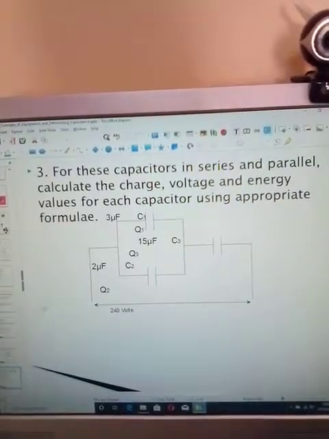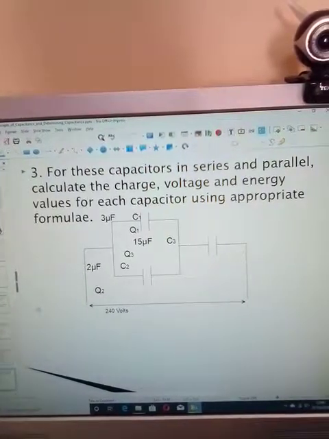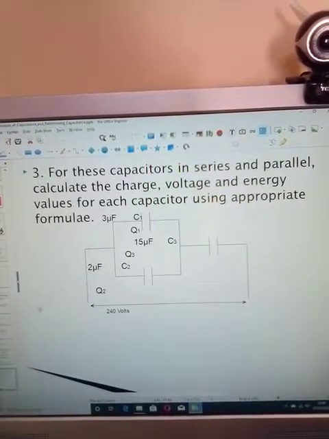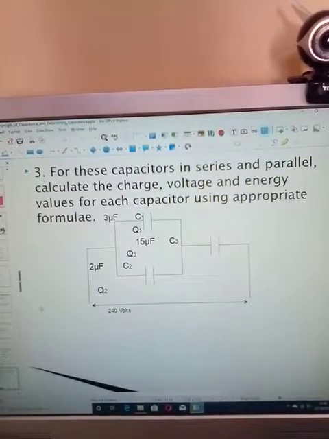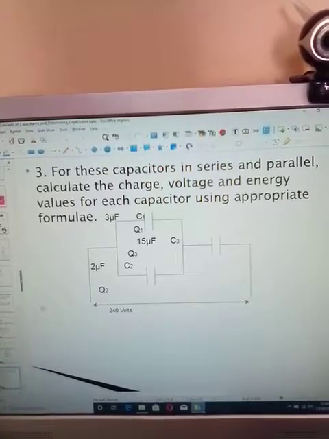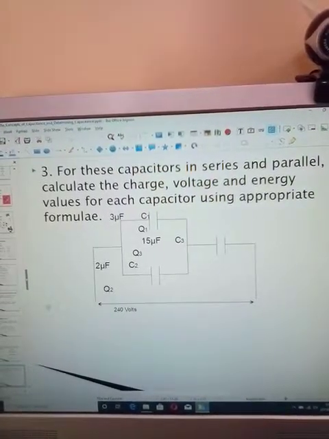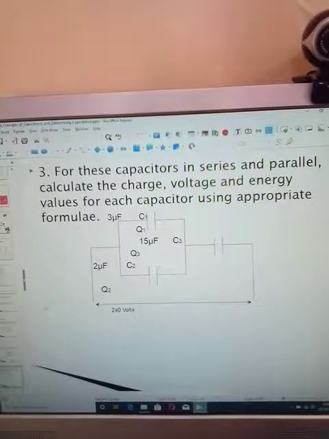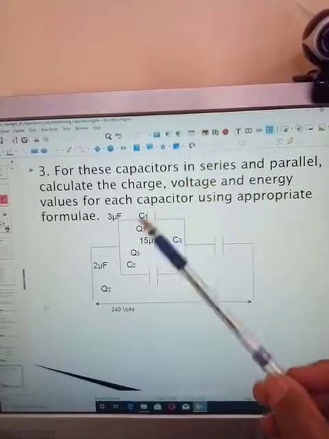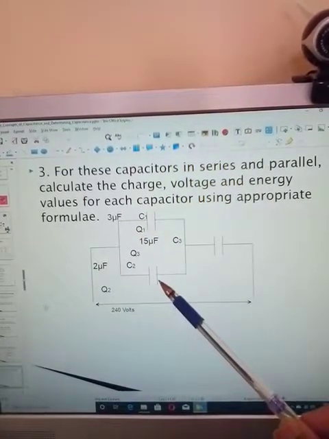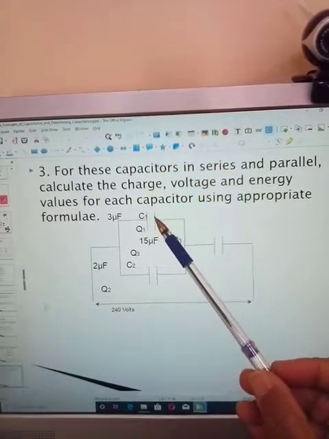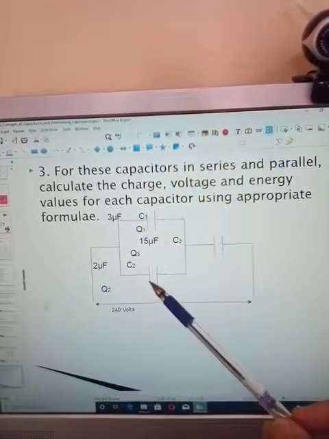Okay, now be aware that the values for this seem to have changed simply because my computer may not be compatible with the format that this was made up in, especially as I'm running Windows 10, and Windows 10 is not friendly with other systems. I will tell you that now for nothing, so do excuse me. But I do believe that should be 15 microfarads, that should be 3 microfarads, and this one here should be 2 microfarads. Okay, so again, 15 microfarads, 3 microfarads, and 2 microfarads.